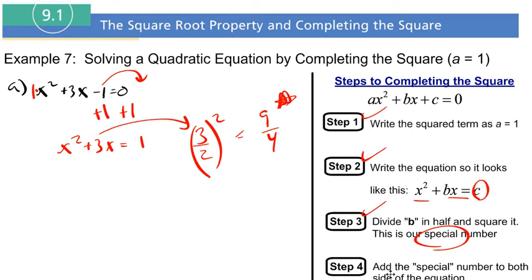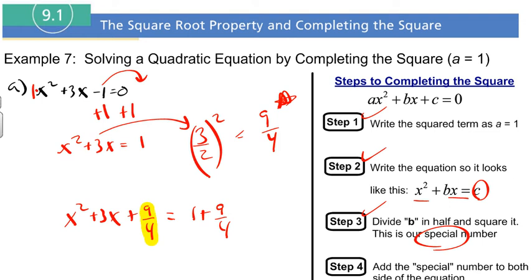Step 4, I want you to add this special number to both the left and the right side. So x squared plus 3x plus 9/4 equals 1 plus 9/4. Let me just highlight what I just did.